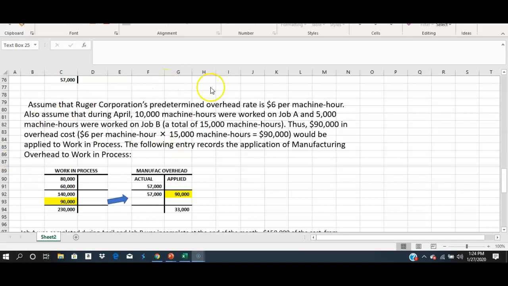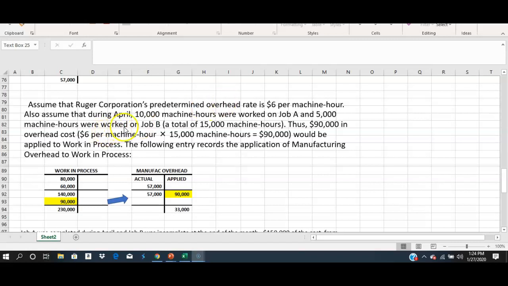So for the last transaction that we covered, we have the Rugged Corporation has a predetermined overhead rate of $6 per machine hour. So once again, they're going to assign overhead costs based upon the number of machine hours assigned to each job. So for job A, there were 10,000 machine hours in the month of April.